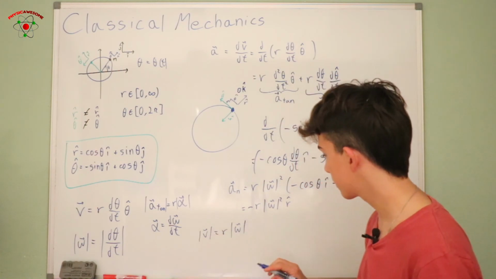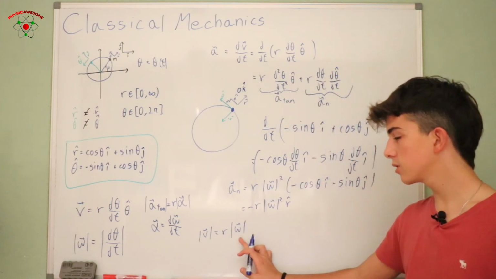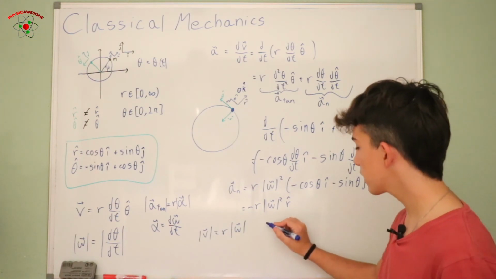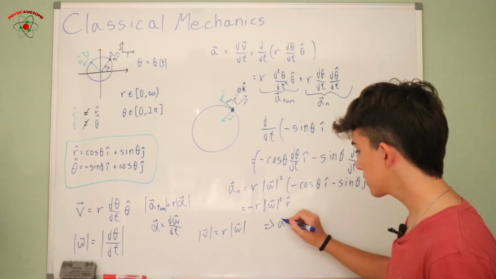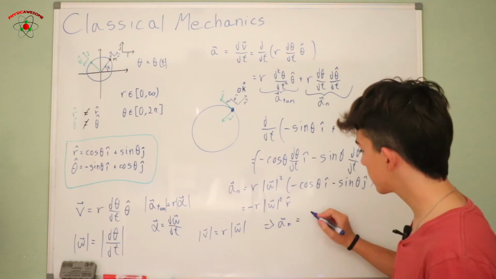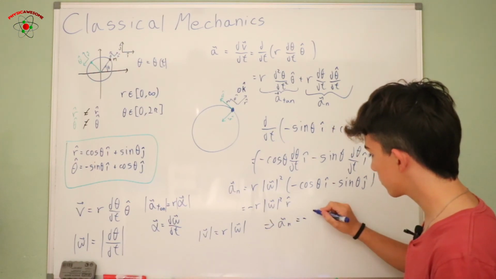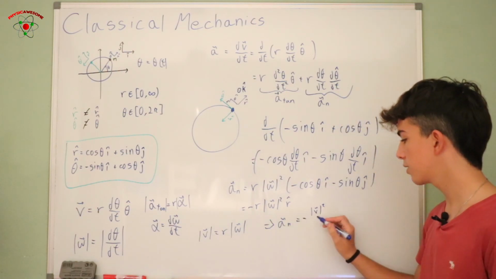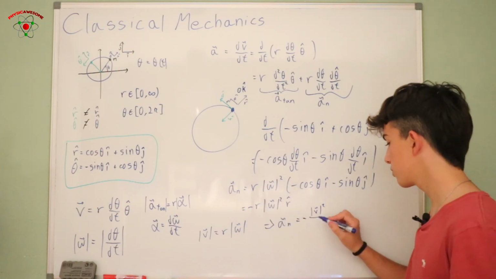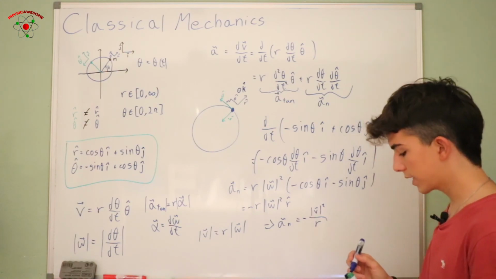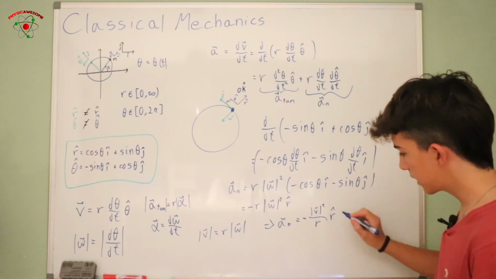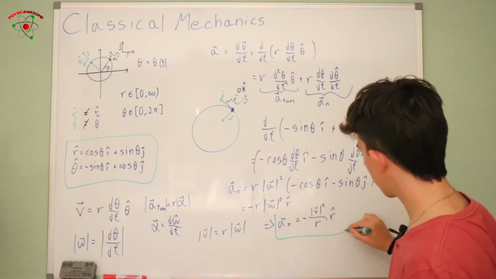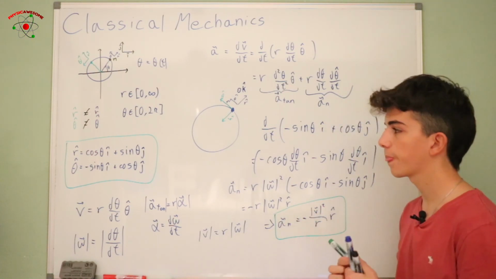All of those are vectors. Now we will substitute w in here, the angular velocity, and we will get that a n equals minus v squared over r, since one of the r cancels, in the r hat direction, which is a formula you will see most of the times.